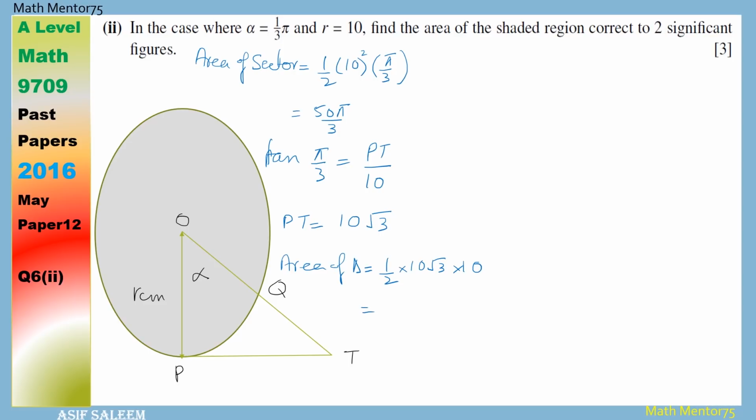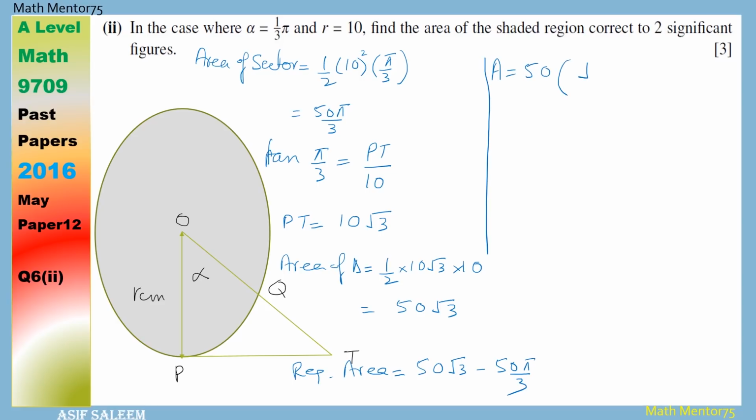So area of triangle is 50 square root of 3. Now the required area would be area of triangle minus area of sector. Area of triangle is 50 square root of 3 minus area of sector 50 pi over 3. We can take 50 common as well. So after taking the common, we have 50 times square root of 3 minus pi over 3.